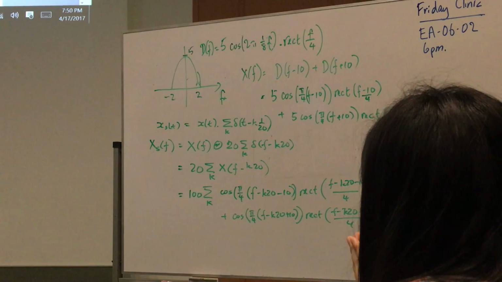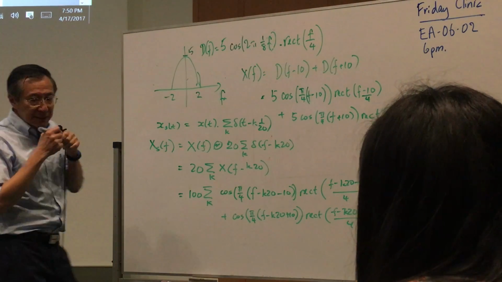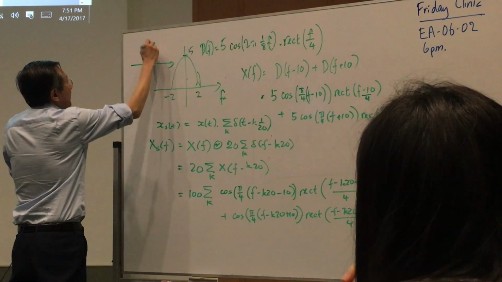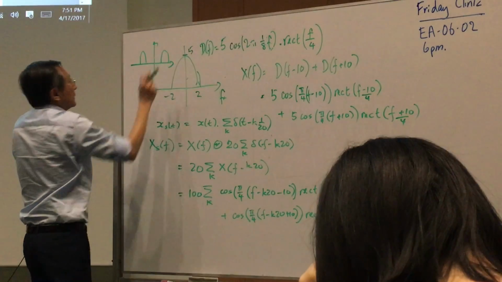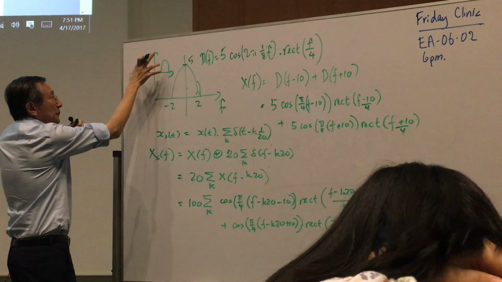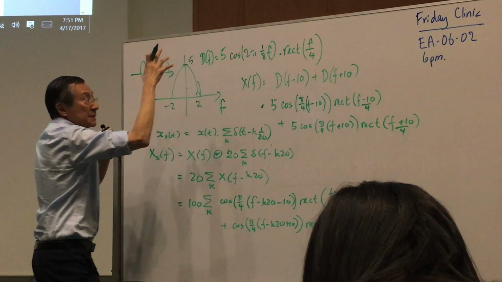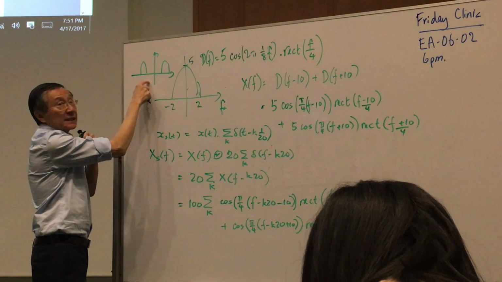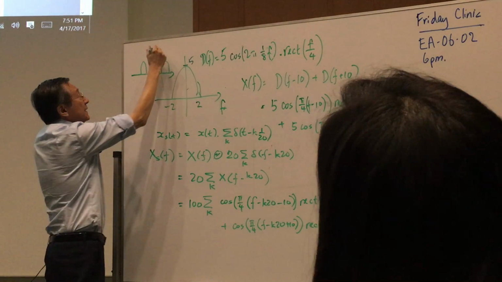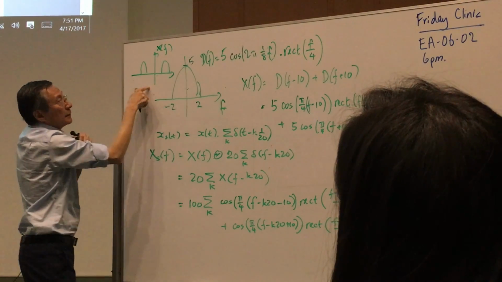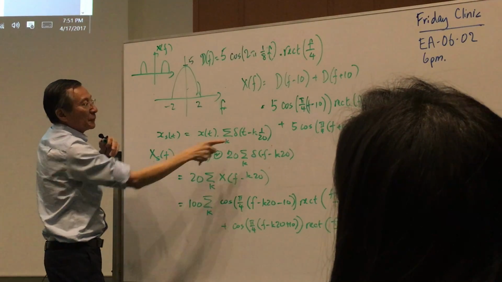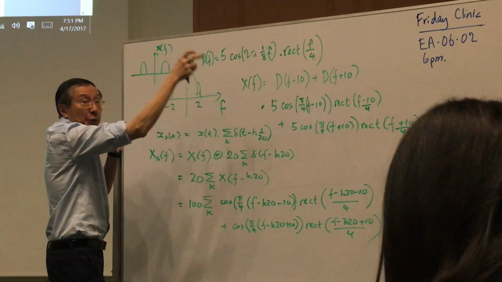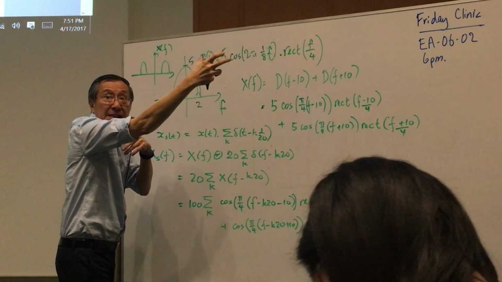We take this guy, X(f), and we repeat it at the sampling frequency, which is 20 Hertz. So I take this, I repeat at 20 Hertz, 40 Hertz, 60 Hertz, 80 Hertz.